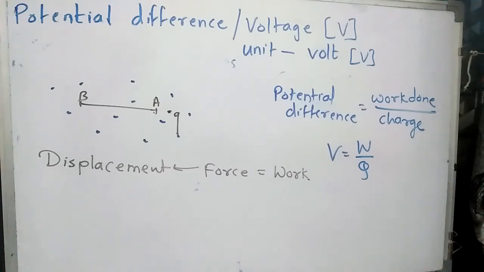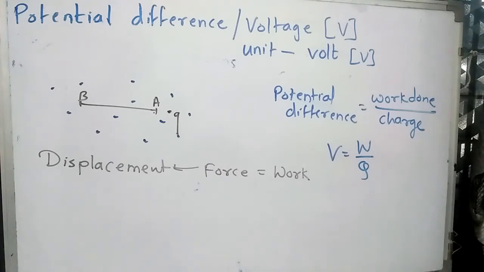So when force is applied on the charge Q, due to that force this charge Q is displaced from point A to point B. There is a displacement due to the force, and we know that force into displacement is work done. So when this charge Q moves from point A to B, there is work done.